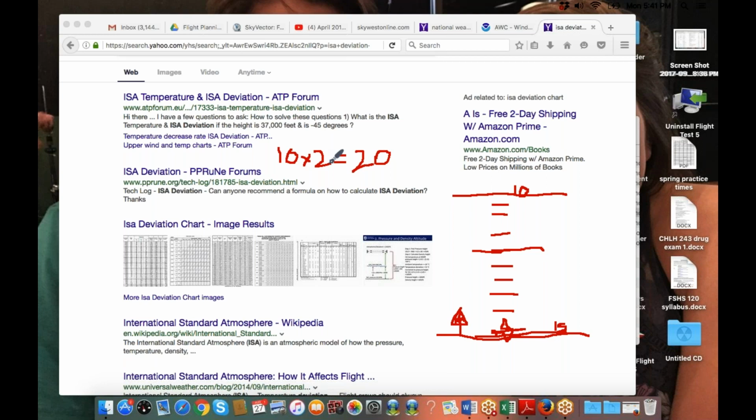Well, that's actually going to be negative, because it's going up. So we go down in temperature by 2 degrees for each 1,000 feet.